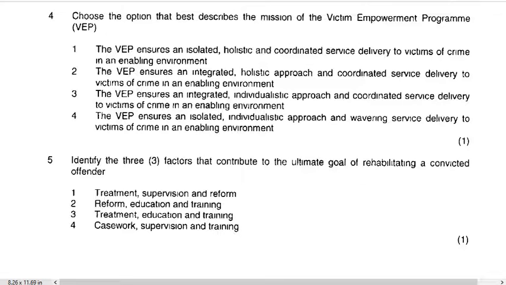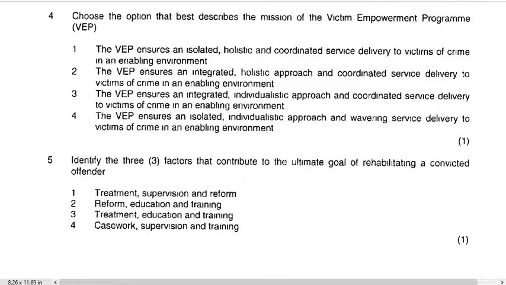Okay, question 4. The answer is 2. The VEP ensures an integrated, holistic approach and coordinated service delivery to victims of crime in an enabling environment. This is found on page 74 of our study guide.